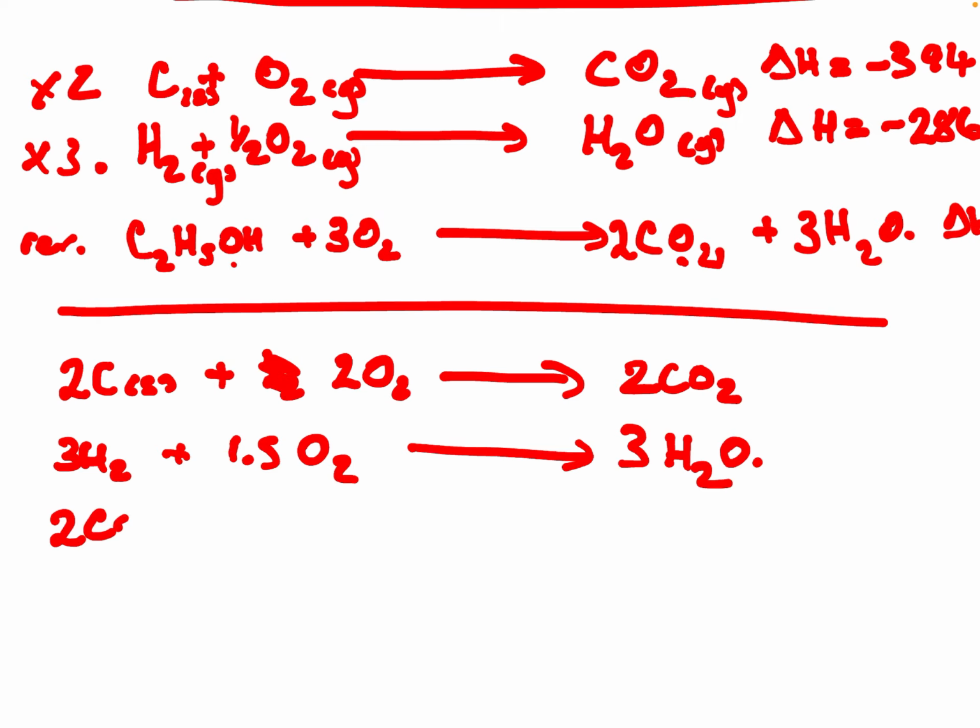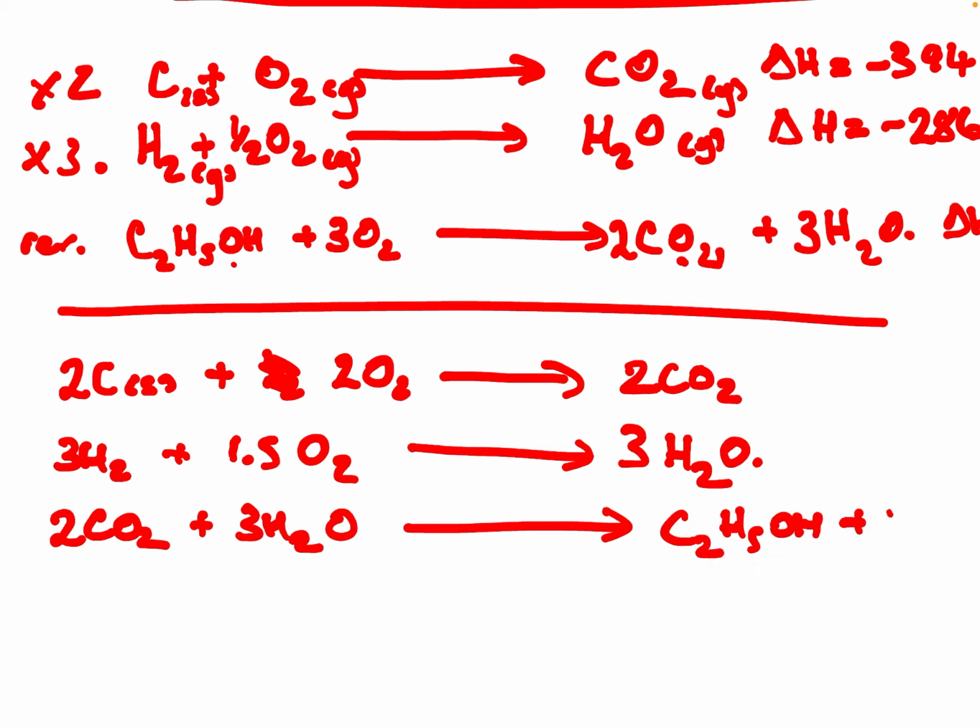Then we're reversing that around. There's 2CO2 plus 3H2O gives us C2H5OH plus 3O2. Now we can cancel everything out that we can.